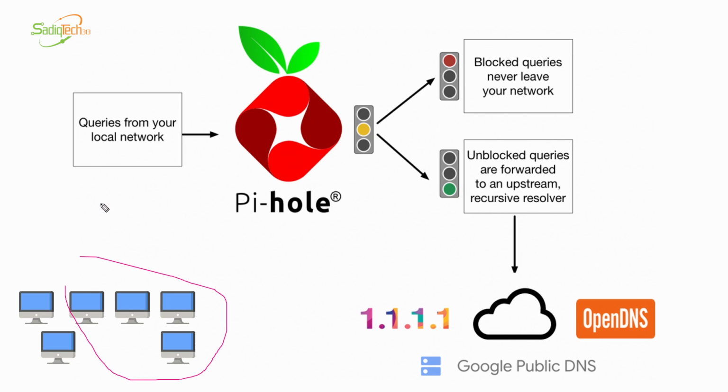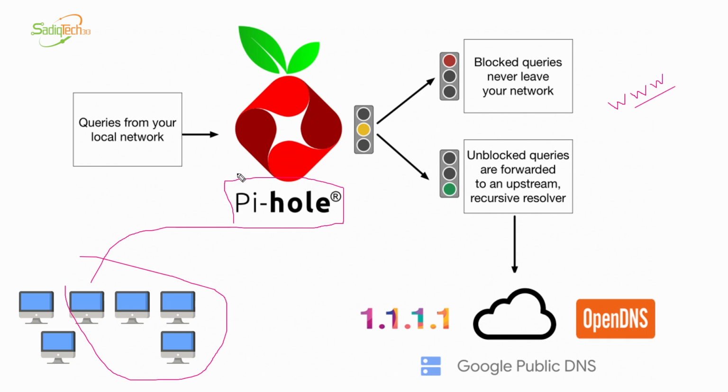How does Pi-hole work here? First, the user wants to access a domain that is located on the public internet, for example www.something. When the user requests this domain, first the query comes to the DNS server, which is our Pi-hole, located as a DNS server. Pi-hole will check its database as a block list.